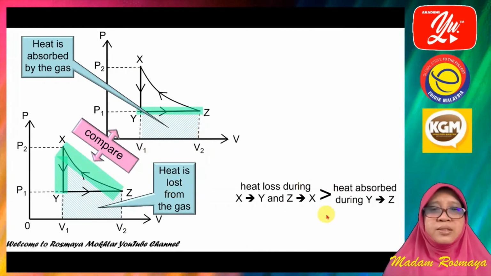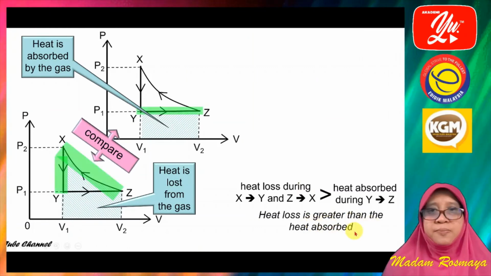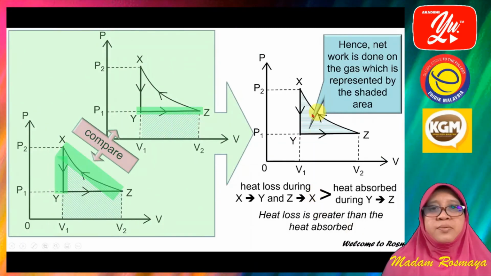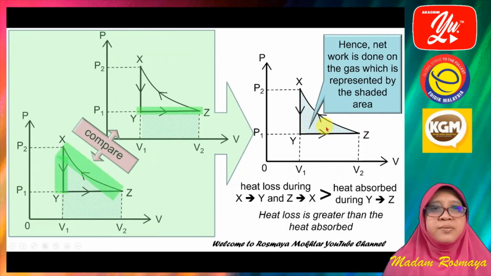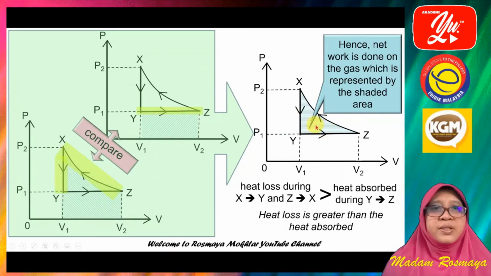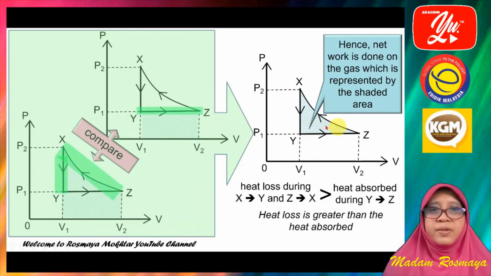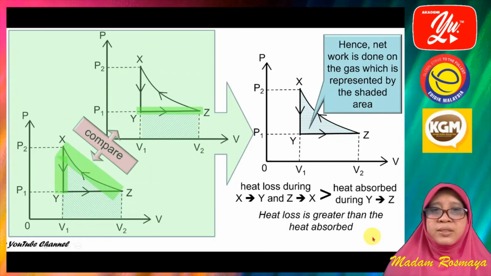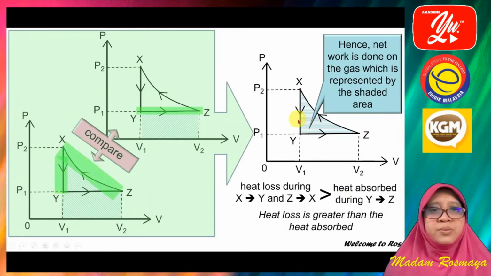The heat loss is greater than the heat absorbed. Therefore the net work done is represented by the area here, the work done on the gas, which is represented by the shaded area. So that's all for the example given here, the process changing from X to Y, Y to Z, and Z to X.